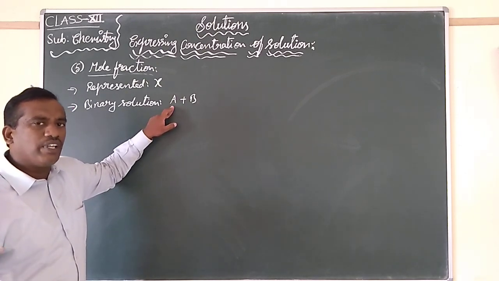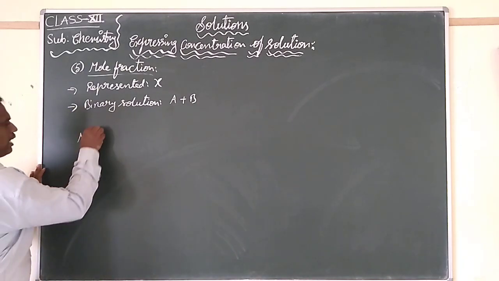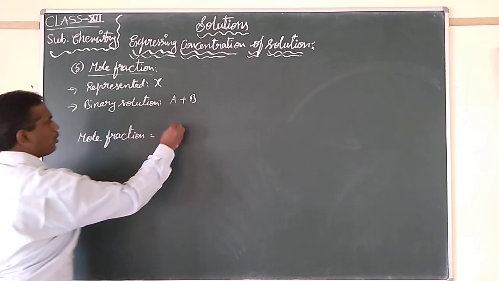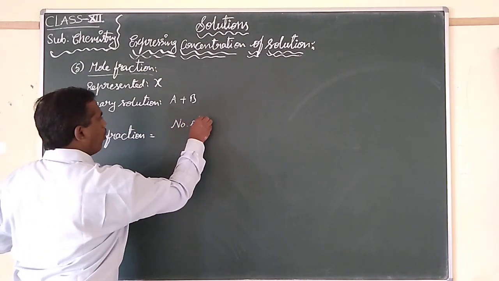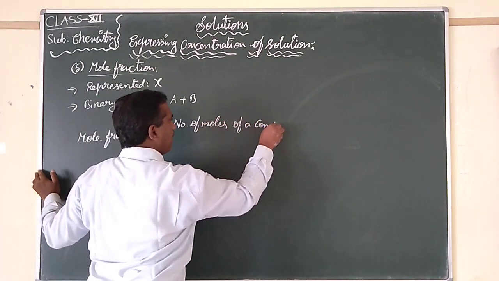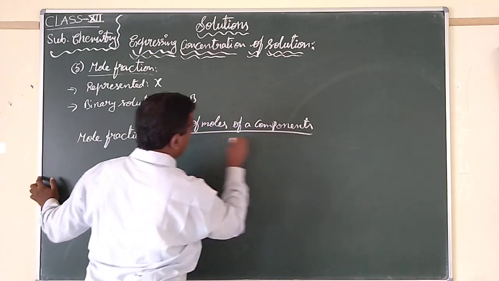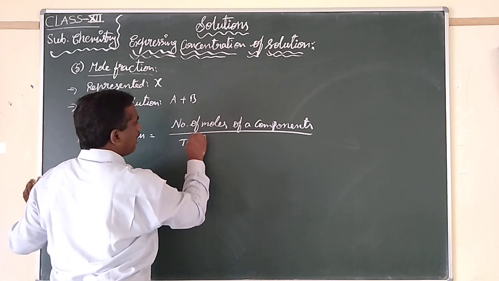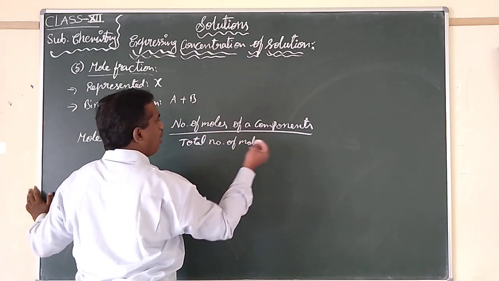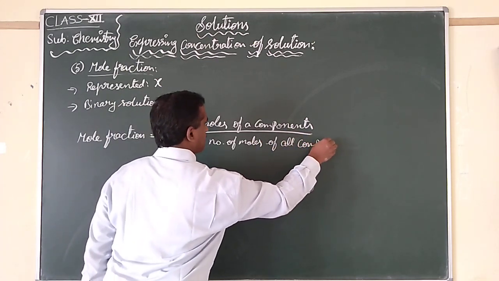So the formula is mole fraction is equal to the number of moles of a component by the total number of moles of all the components.